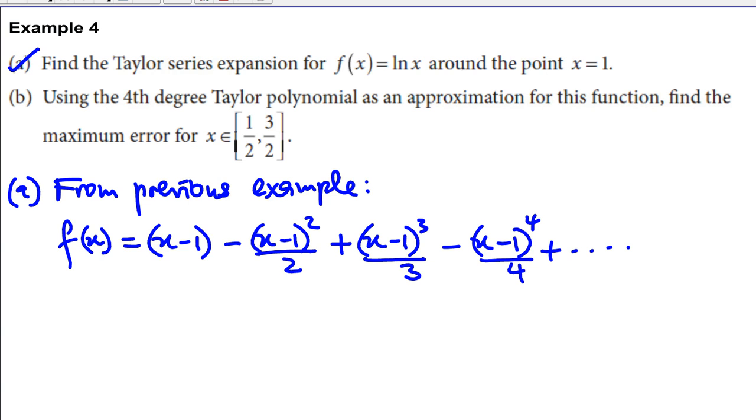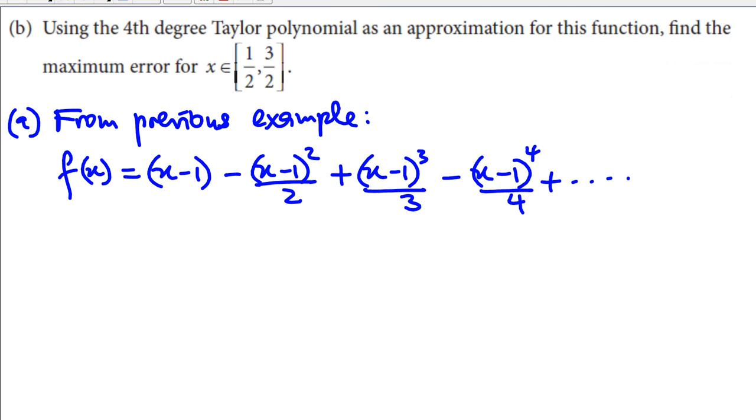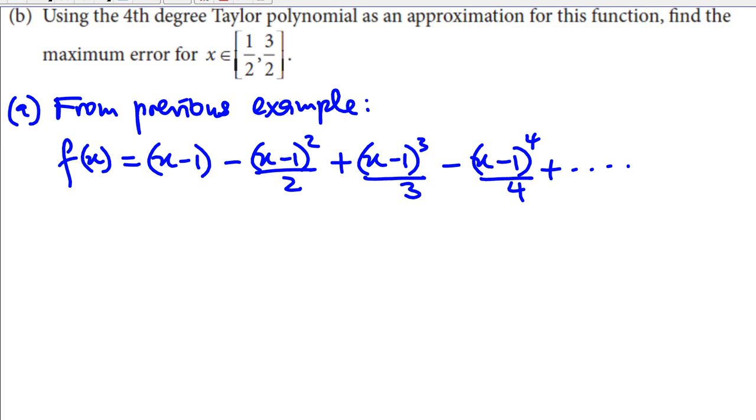Now, part b is using the 4th degree Taylor polynomial as an approximation for this function. Find the maximum error for values of x that are between 1/2 and 3/2, including both.